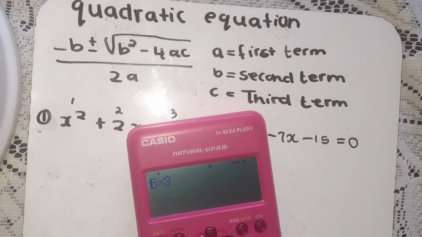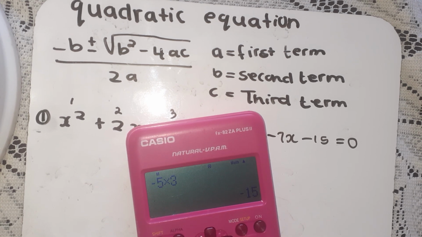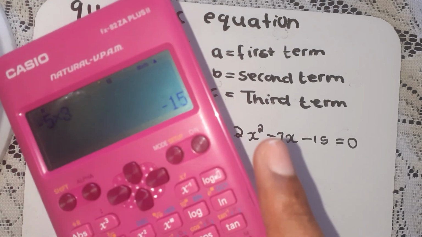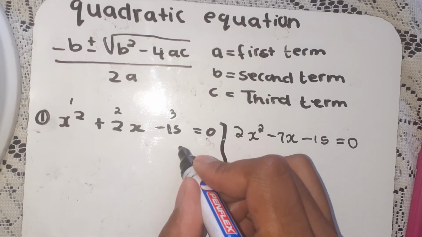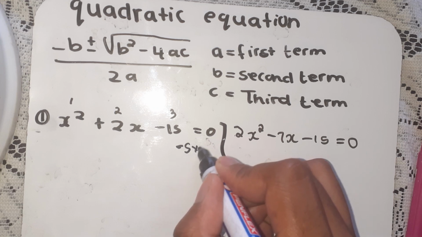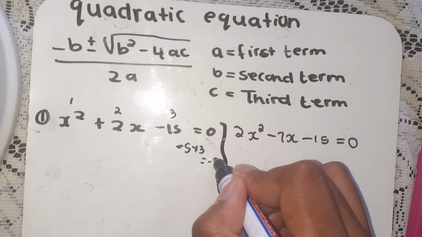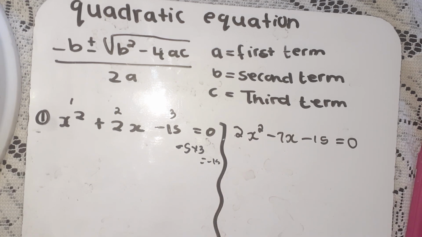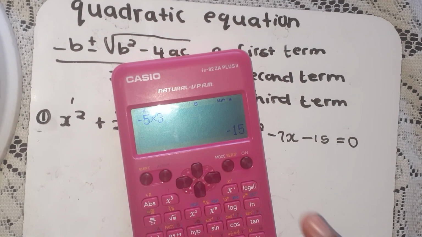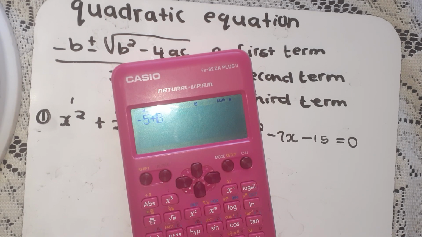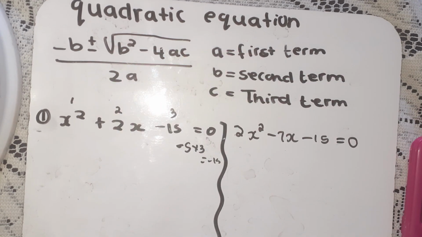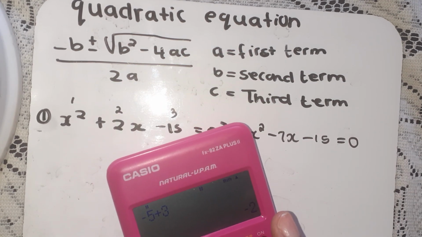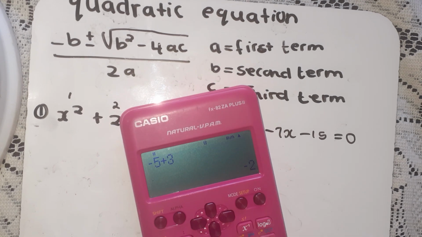So let's do a negative 5. Negative 5 times 3 gives us a negative 15. Now let's see when we add them. When we say negative 5 plus 3, that gives us a negative 2. And here we have a positive 2.